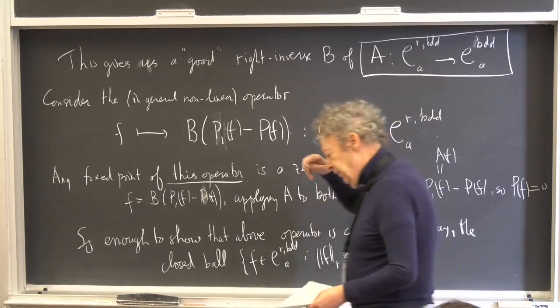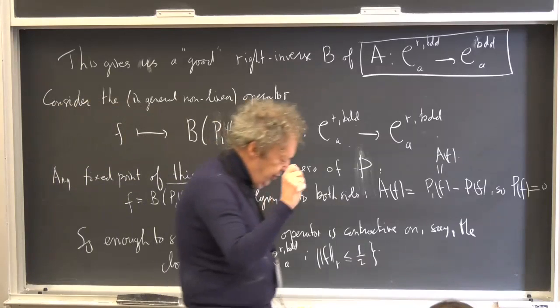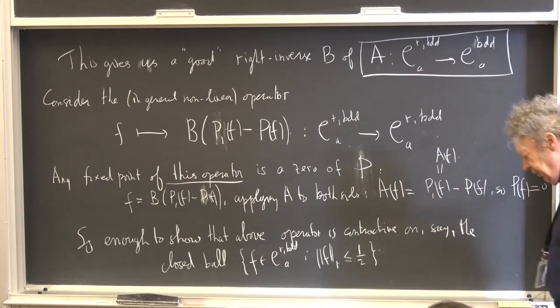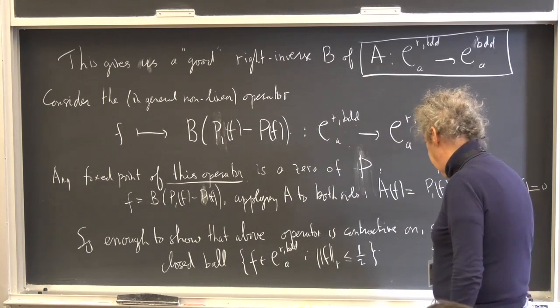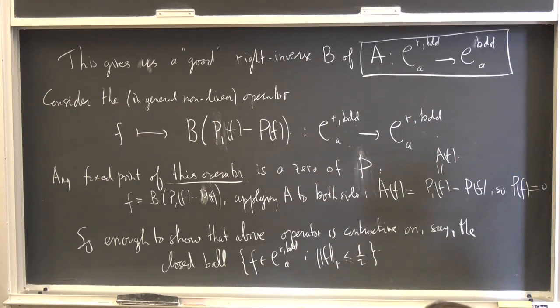Contractive, yeah, if you have a function from a metric space to itself, you say it's contractive if there is some rho, positive and strictly less than 1, such that the distance between P fx and fy is less than rho times the distance between x and y, for all x different from y. And then if the metric space is complete, you have a unique fixed point.